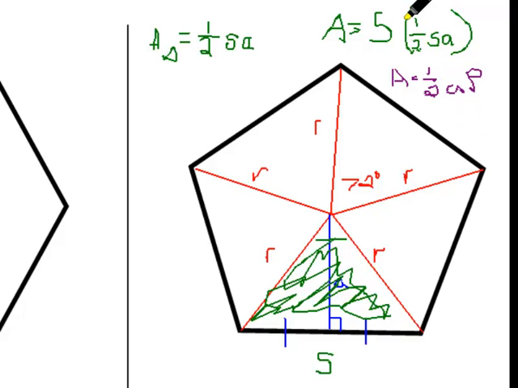And so we're taking this 5 and the S, and we're trading them out for the P. And that's because the perimeter of this figure, since all those sides are the same, would just be 5 times the length of the side. Okay? So if I were to take out the 5S and say, oh, well, that's just the perimeter, now I have 1/2 and A and P. And that's the formula for a regular polygon.